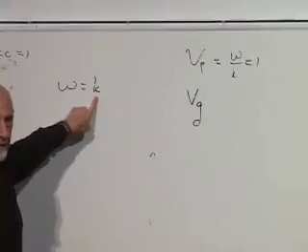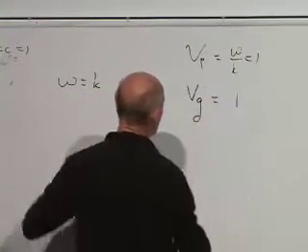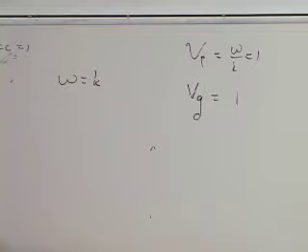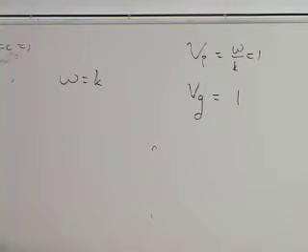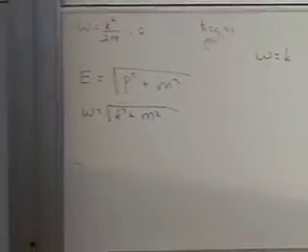What is that? 1. The group velocity and the phase velocity are the same for a wave with mass equal to 0. All right, so forget that this is mass. Of course it's mass. Energy equals the square root of momentum squared plus mass squared.